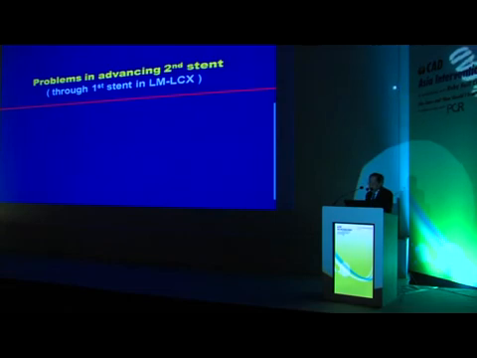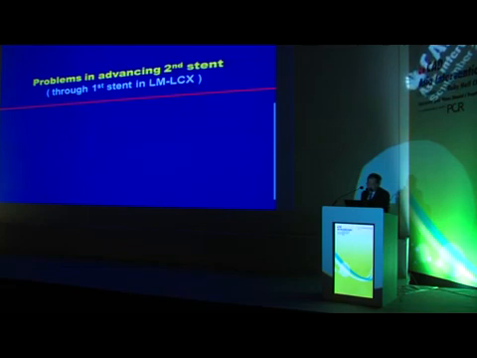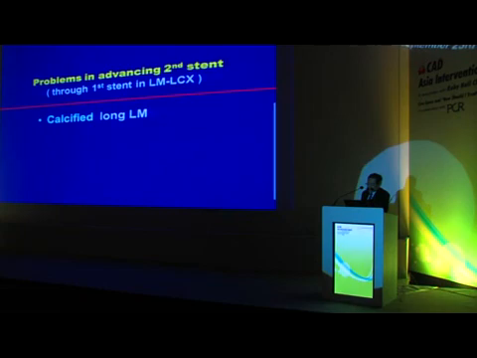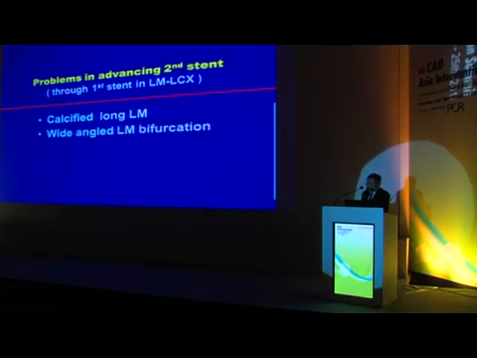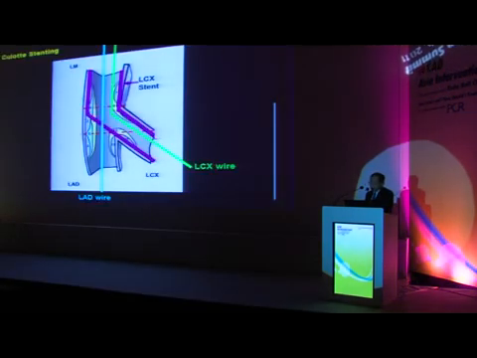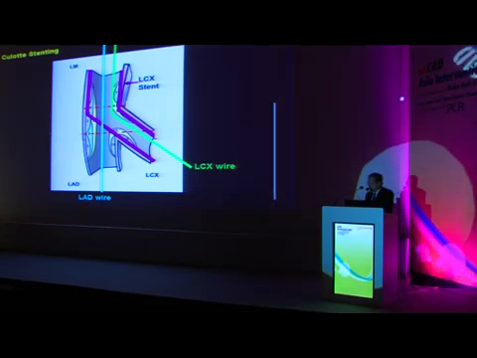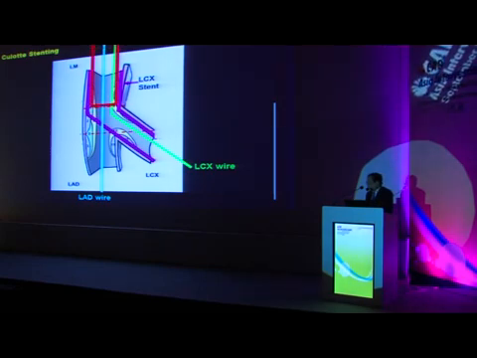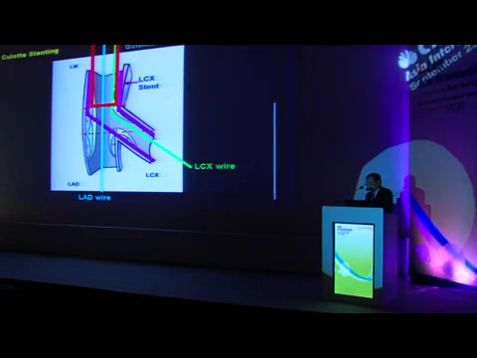Now, what are the problems of advancing the second stent once you place the first stent from the left main to the circumflex? In a calcified left main, this can be an issue. Similarly, in wide-angle left main bifurcation beyond 75 to 90 degrees. Here, in order to avoid a stent hitting another metal stent, what I do is bring in a child catheter from Terumo, Hard Rail, or if you have a GuideLiner, it acts the same way.